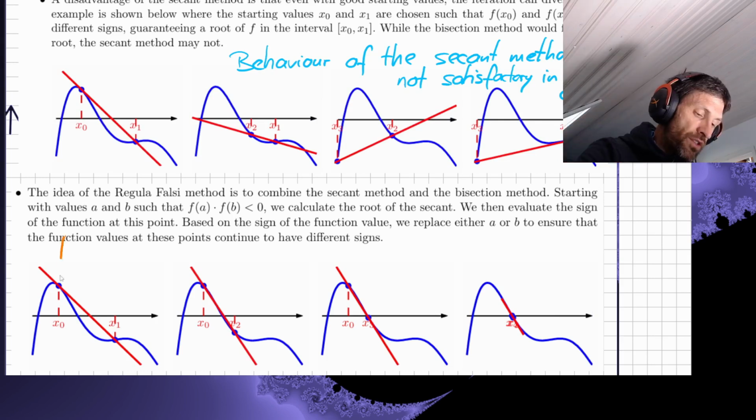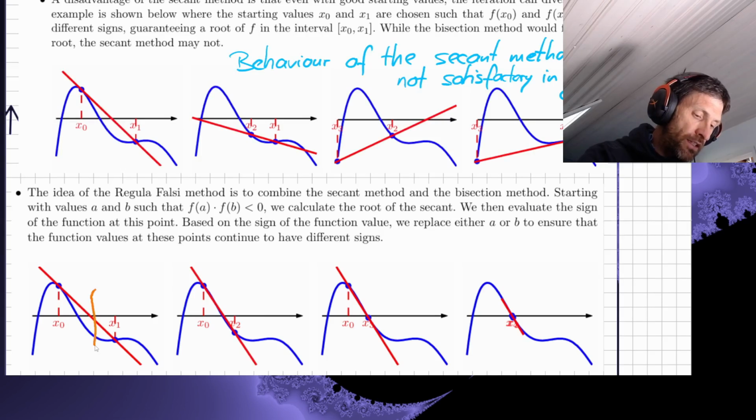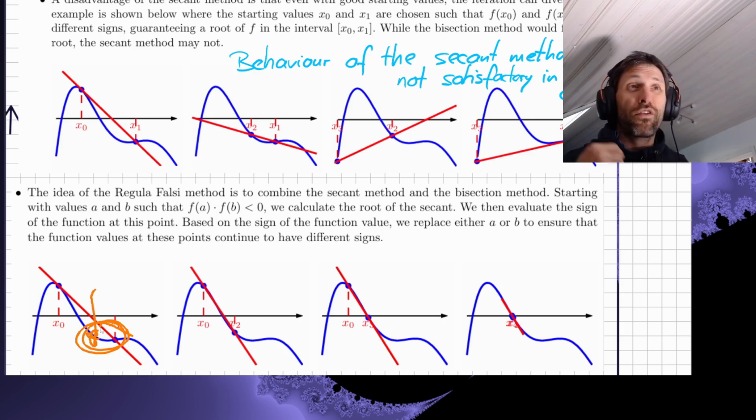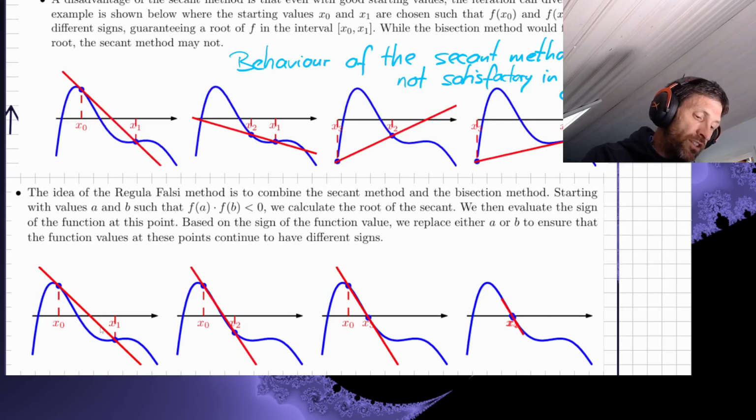Okay, starting with these two values, find the secant, find the root of the secant, evaluate the function at that point, and then drop the point with the same sign. So in this case, we don't drop x0, but we drop x1.